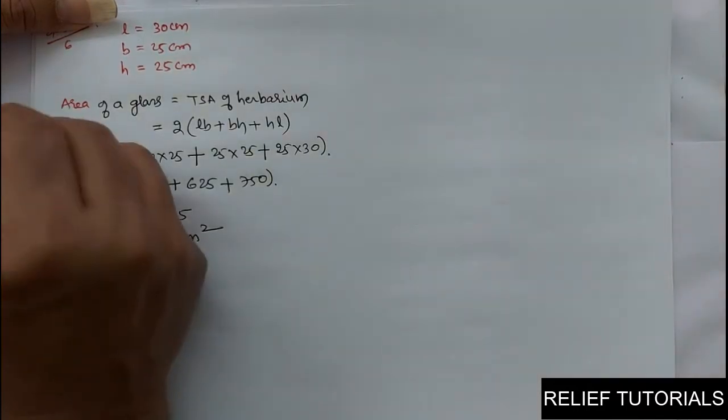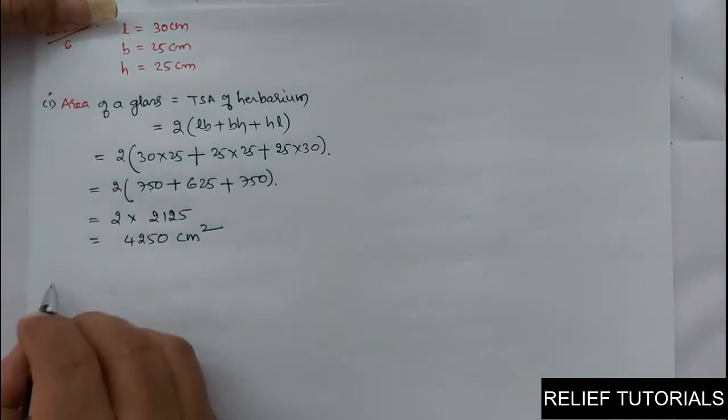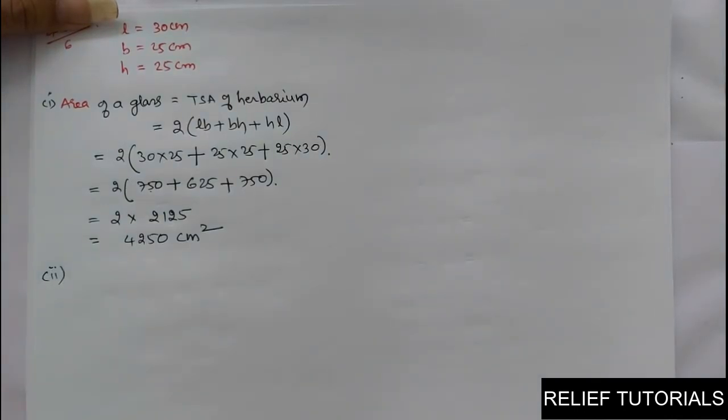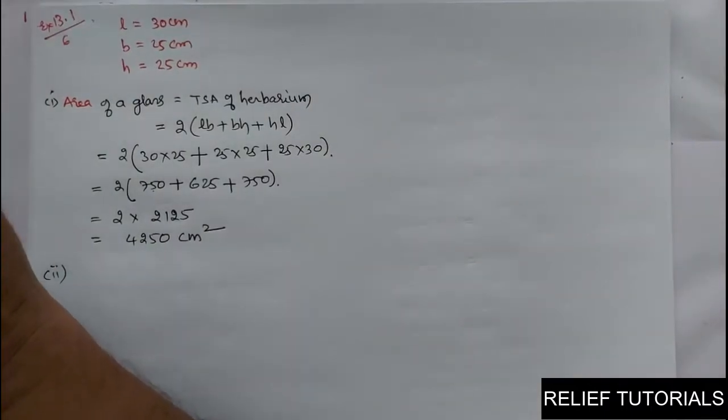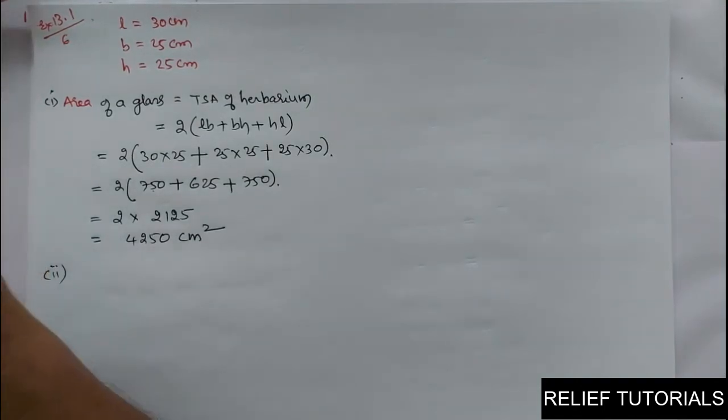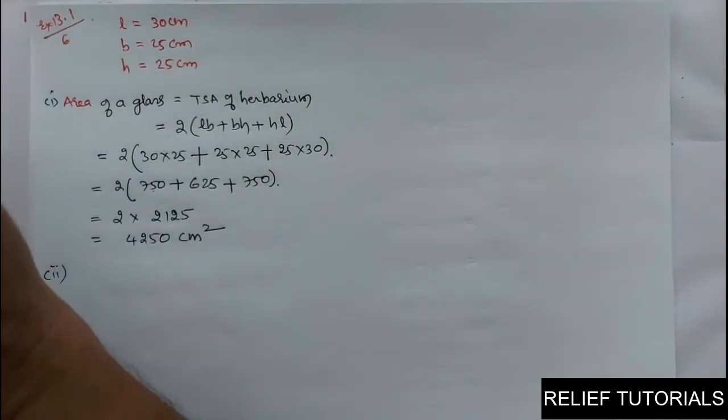So this is the first one. Now we will see the second one. What you have to find out is how much tape is needed for all the 12 edges. So all the 6 faces of the herbarium are joined using tape. So here tape is used at all 12 edges.